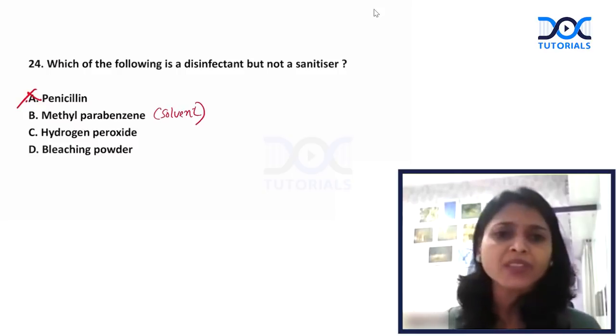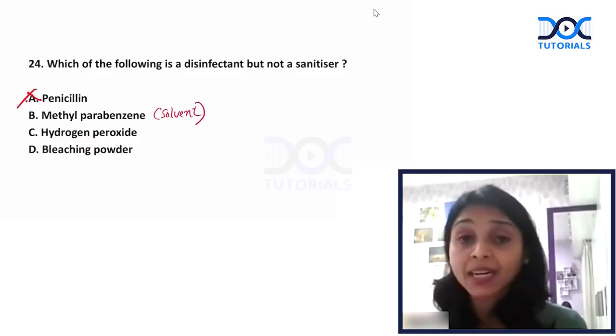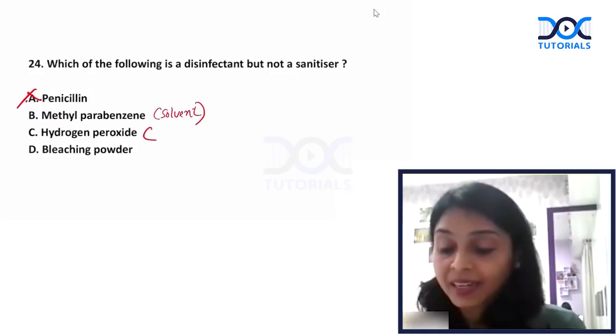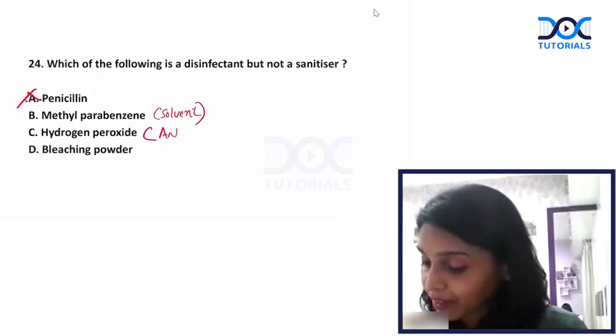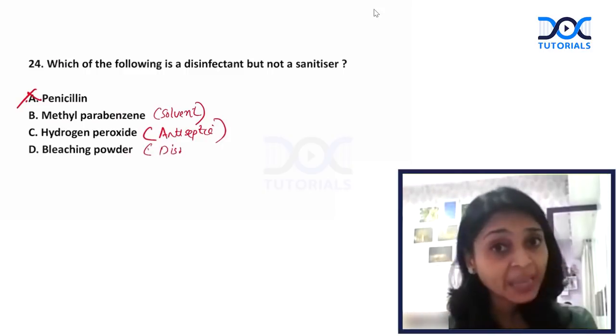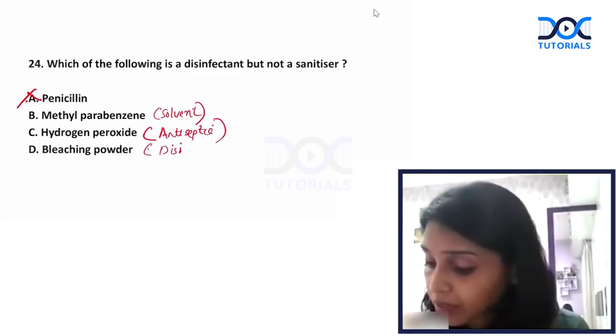Hydrogen peroxide. What about hydrogen peroxide? It is an antiseptic. Whereas bleaching powder is a disinfectant. By the way, what is the difference between antiseptic and disinfectant?